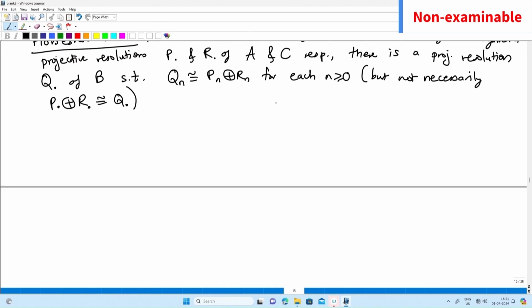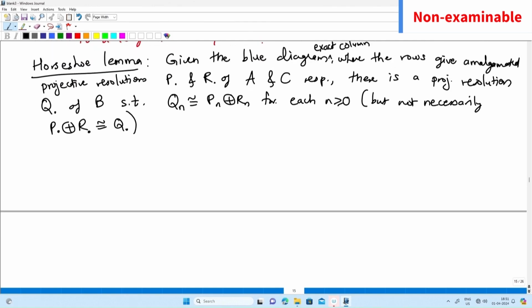Okay, let me draw the diagram. Perhaps without that you can't understand what's happening. So we have this 0, A, B, C, 0. Then we do the same thing that we have done so far. So P0 maps onto this. Then we have K0, which is the kernel. Then we have P1, then there is a surjection.